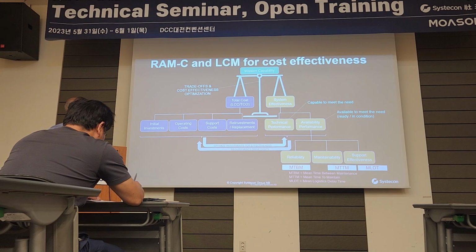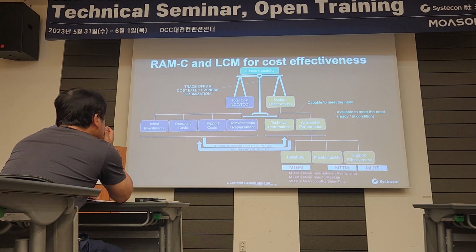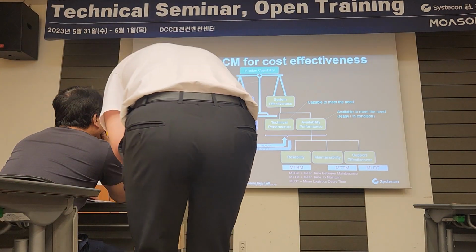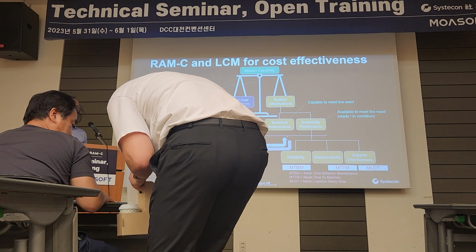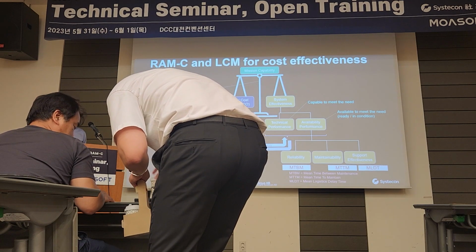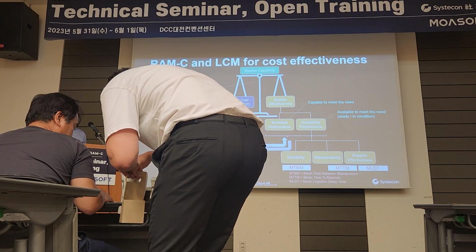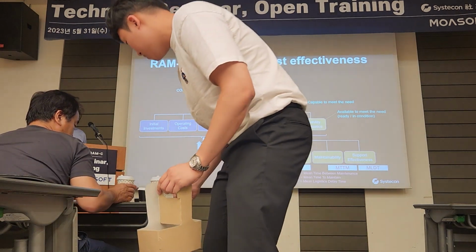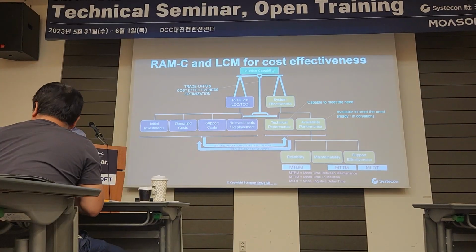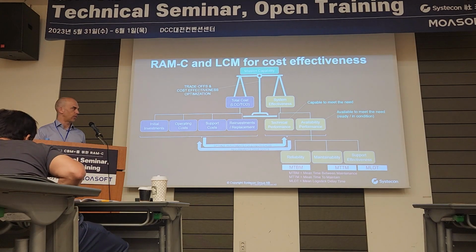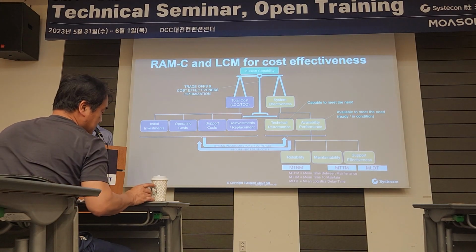I need to understand the consequences of these actions, regardless if they are in the research and development stage, in the production phase, or in the operating and support phase, or in the reinvestment and replacement phase. And giving ourselves this possibility to evaluate cost consequences of the choices that we make is crucial in order to achieve cost effectiveness.